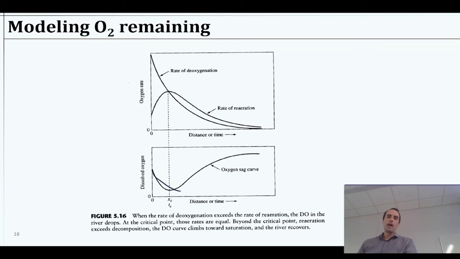We have some sag, we reach a minimum point. That's what we're concerned about, want to know about, and later it will be restored to some extent. So early on, we have a very high rate of deoxygenation. It's the amount of oxygen being removed, and it's being removed very quickly.